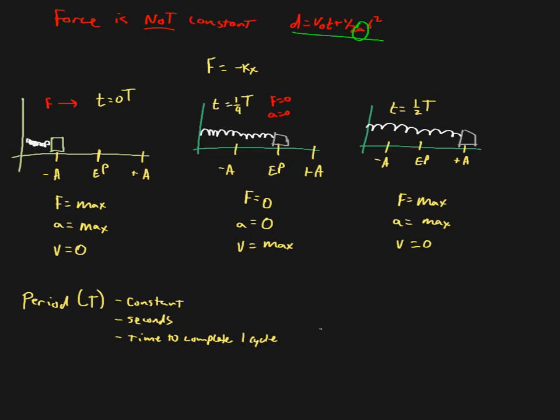Okay, the other important term, which is very closely related to period, is called the frequency. The frequency is denoted with an italicized f, and the frequency is 1 over the period. So it's the number of cycles in 1 second.